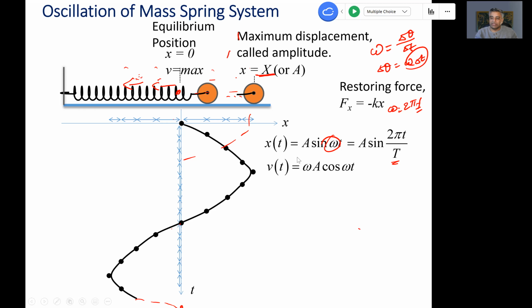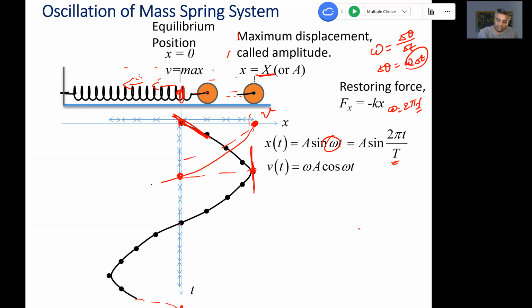Now, how about speed? Speed is the slope of this. Here at the beginning, it is maximum. Over here, it is 0. So if I were to plot speed, at the beginning it was maximum, right? And then by the quarter cycle, it becomes 0.